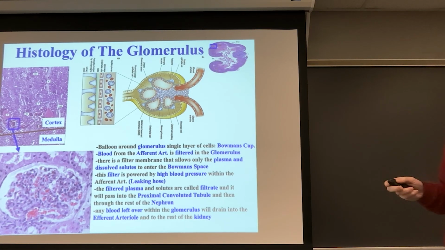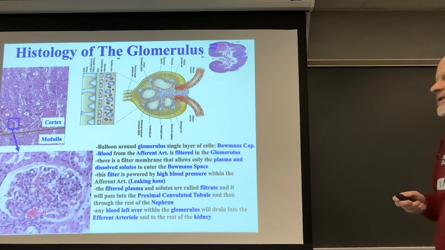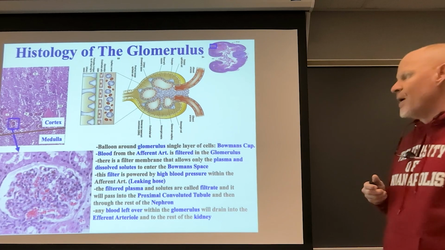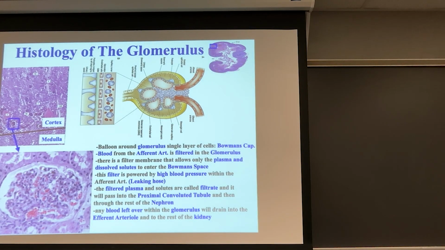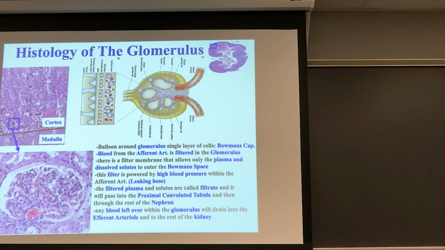That capillary bed is basically scrunched into a ball of capillaries that fits inside of a balloon-shaped sac called the Bowman's capsule, right? The blood will then exit through the efferent arteriole and become another capillary bed that is going to drape over the rest of the nephron. It's called the vasa recta mostly.